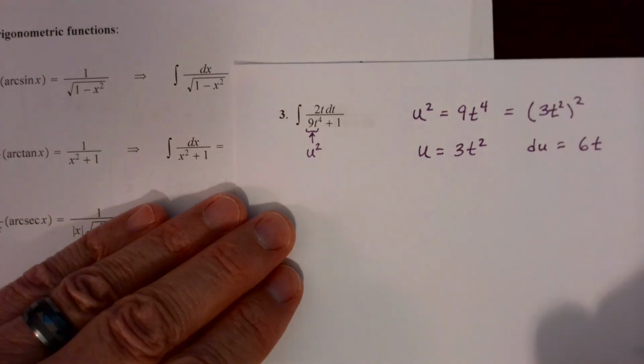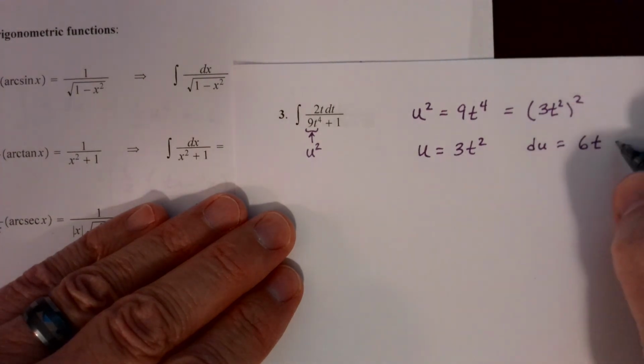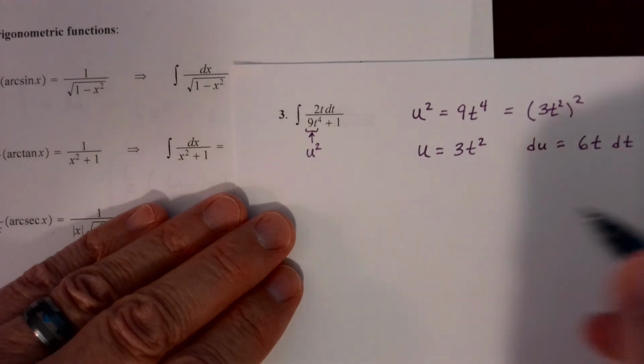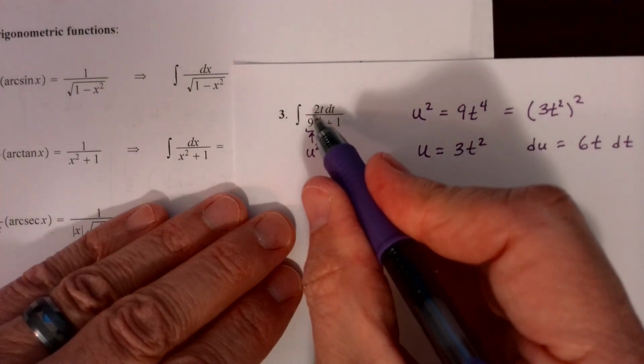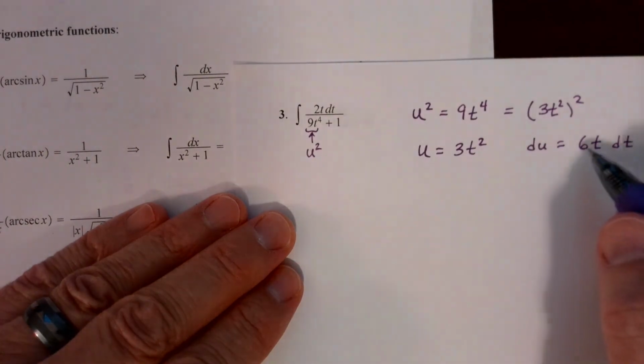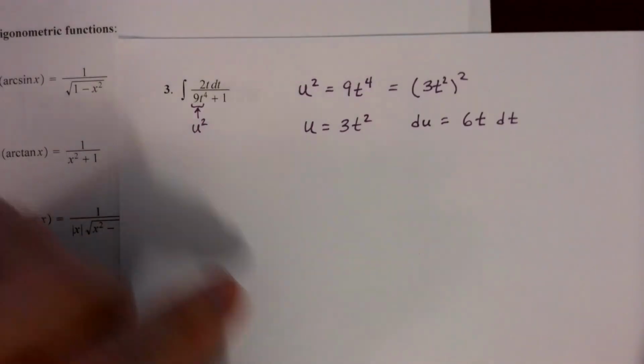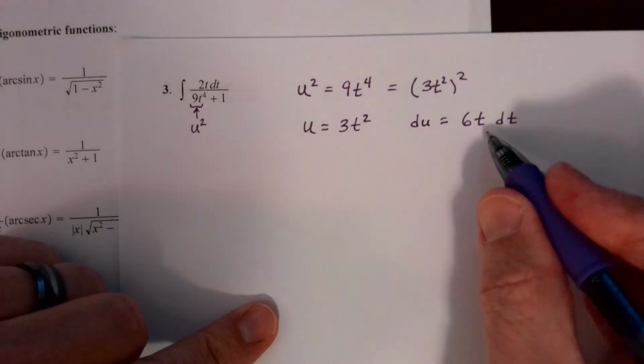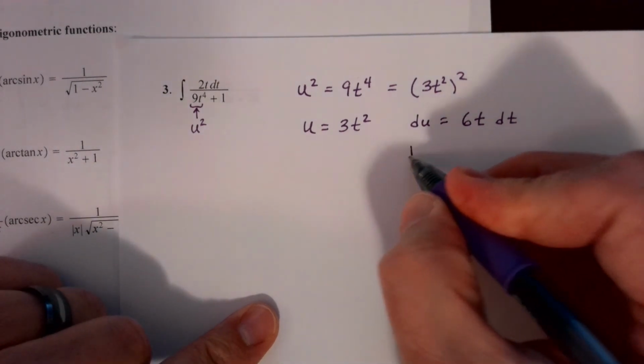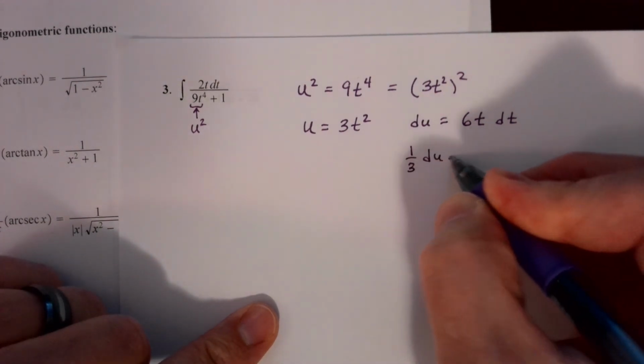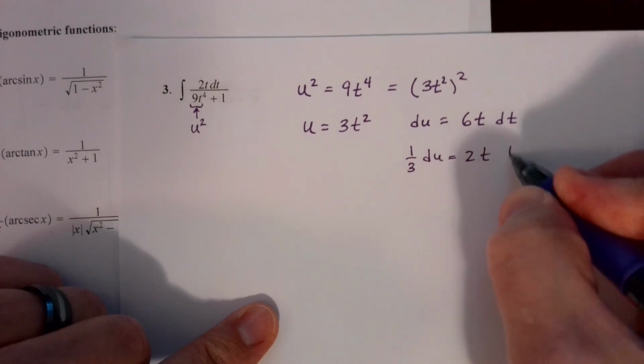Subtract 1 from 2, I get 1. So du/dt is 6t, so du is 6t dt. Now I look at my integral. Hey, look up top. There it is. I got a 2t dt. Here's a 6t dt. So what do I need to fix things? I need to multiply both sides by 1/3. 1/3 du. 1/3 times 6t is 2t dt.